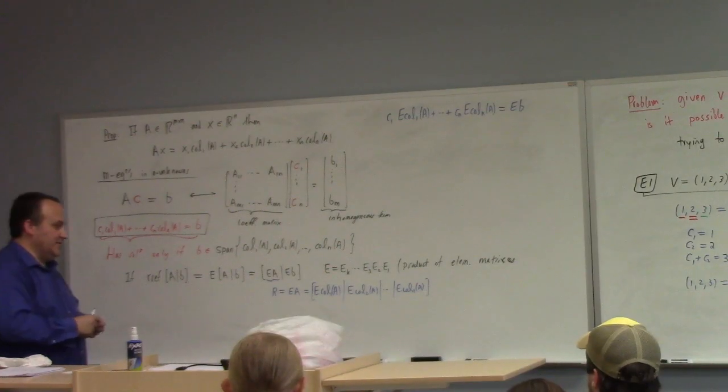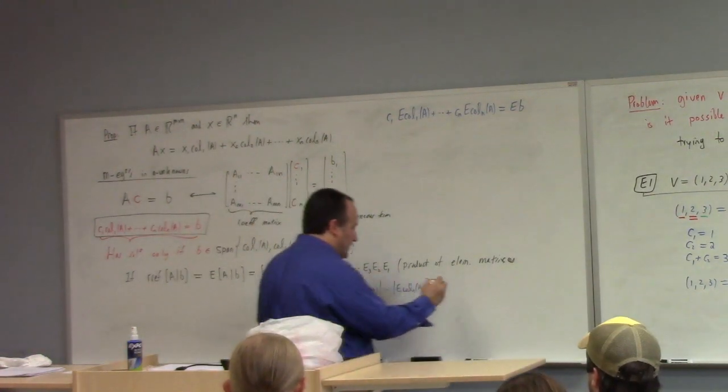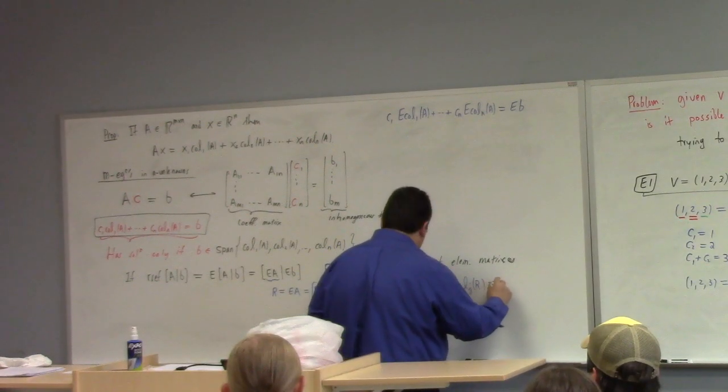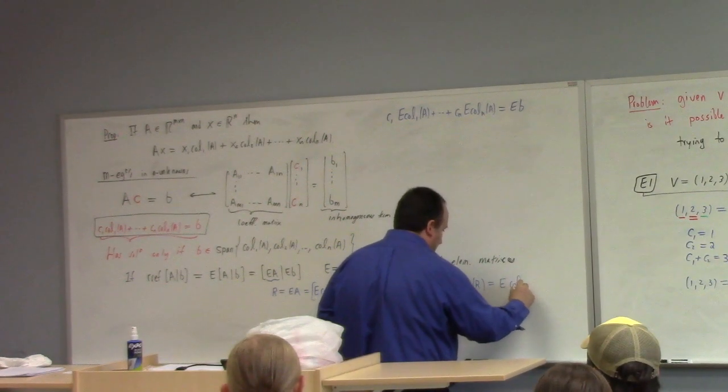So what I'm trying to argue is simply that the jth column of R is actually equal to E times the jth column of A.